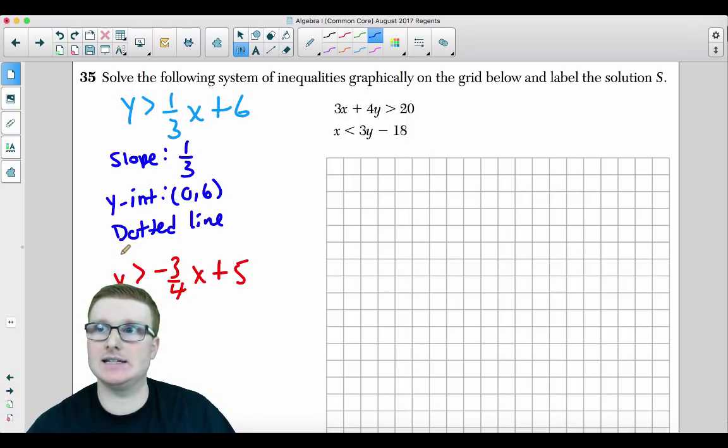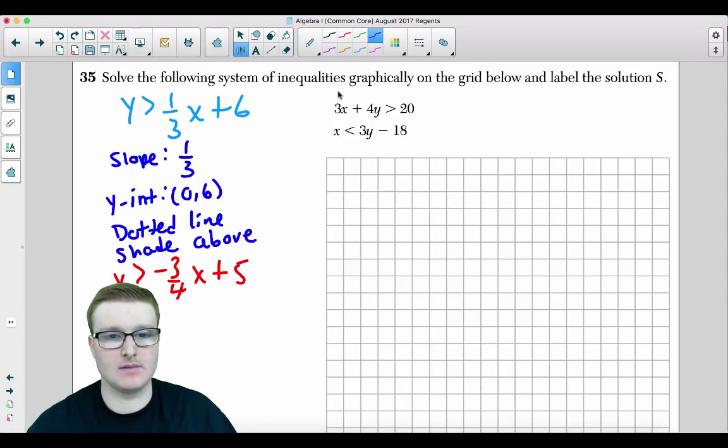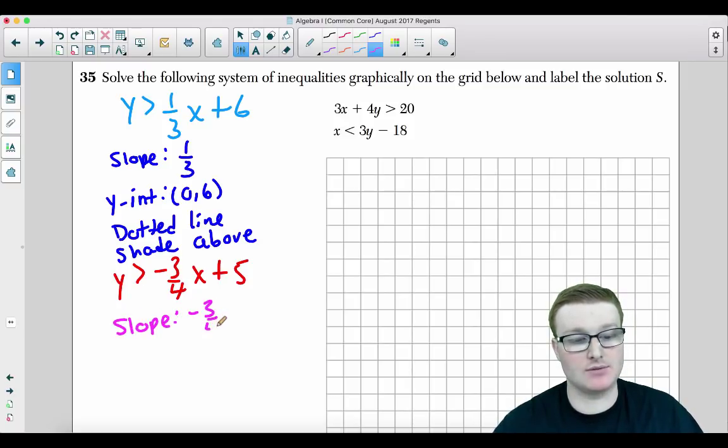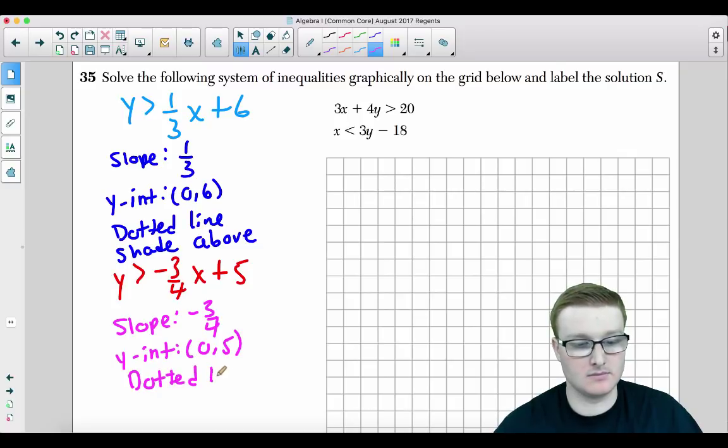And it is shade above, okay? Over here, this one has a slope of negative 3/4. The y-intercept is (0,5). It is a dotted line, and it is shading above.